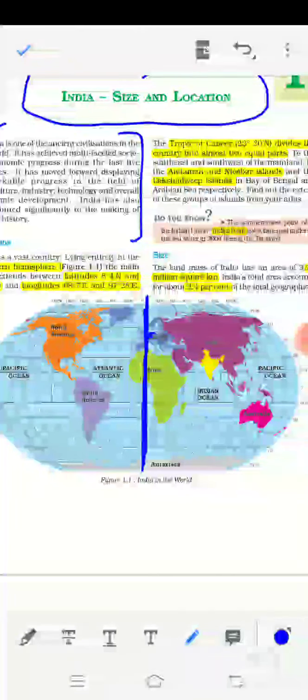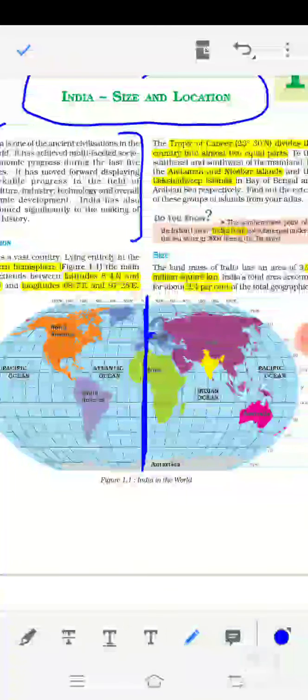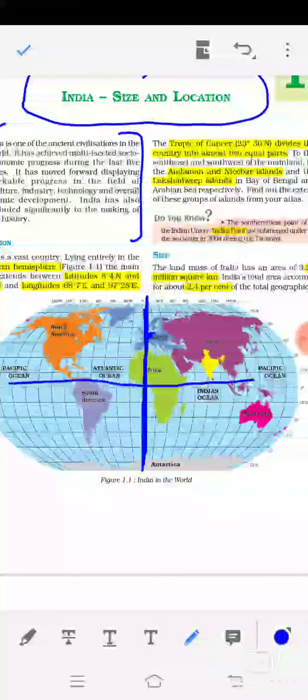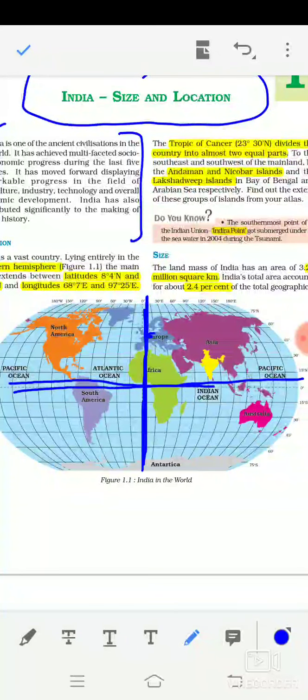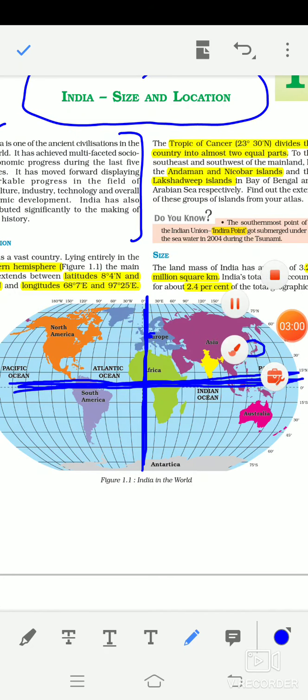It is passing through Greenwich, that is in London. Then here is the 0 degree latitude. This is also called the equator. So 0 degree longitude and 0 degree latitude, both are clear.